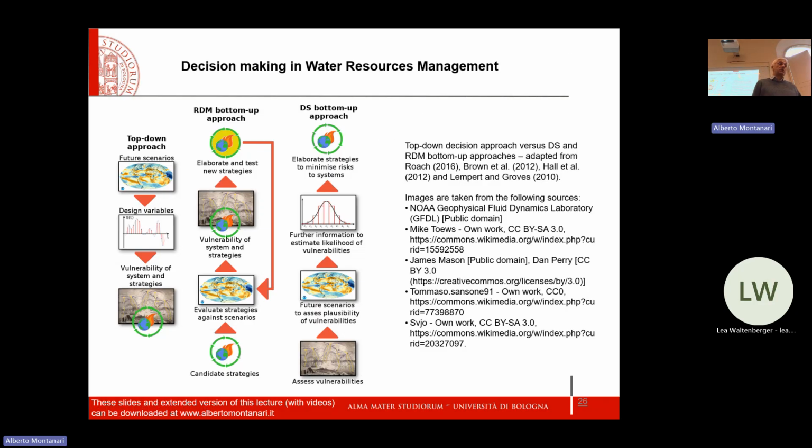I give you this information in order to help you get an overview, an overall picture. So we started from optimization, and then we went to robust approaches, and we discussed basically three of them: robust decision making, info gap, and decision scaling.